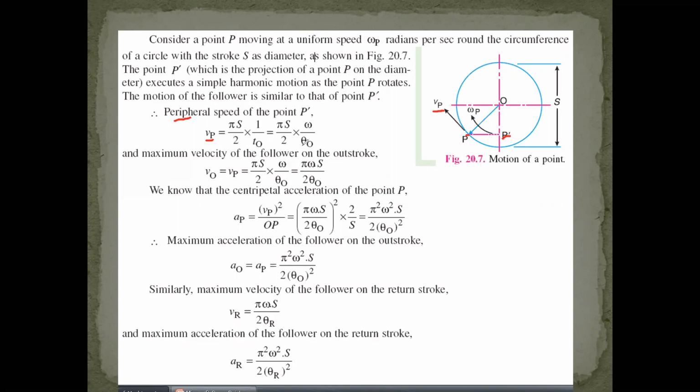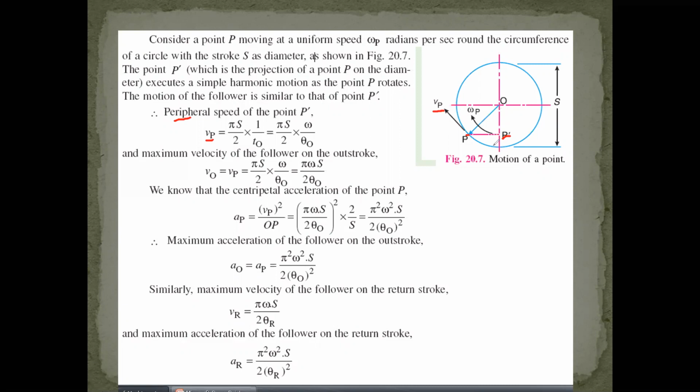Just observe how we write the velocity value for our point P, when the point P is making oscillations. What is the maximum displacement achieved here? The maximum value is pi.